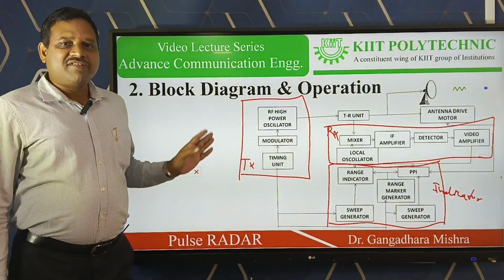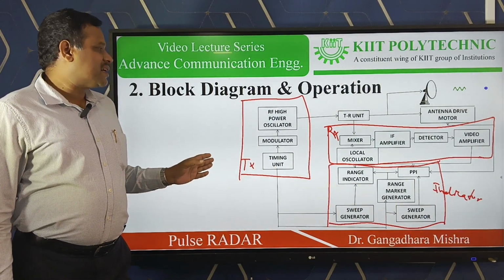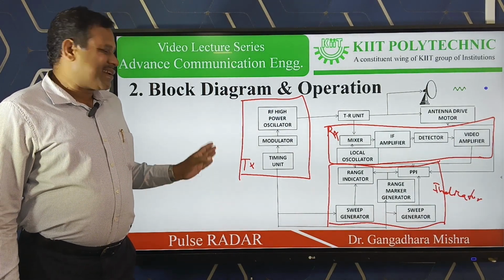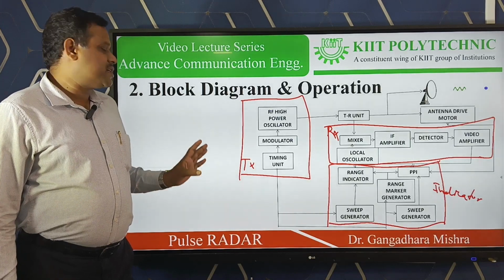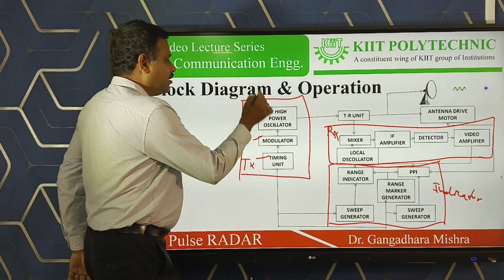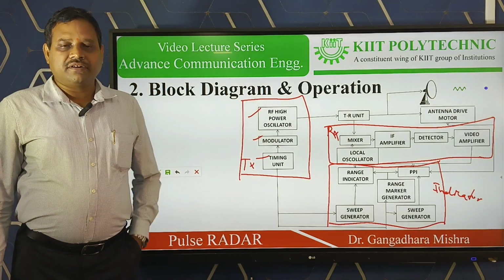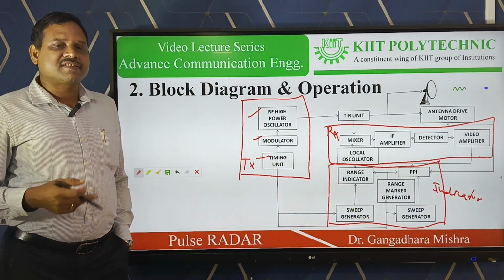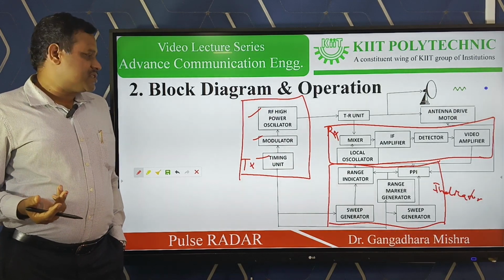Looking at the screen, in the transmitter section there are three distinct blocks: timing unit, modulator and high power oscillator. Step by step we will discuss each individual function.